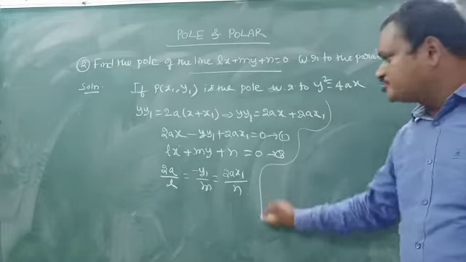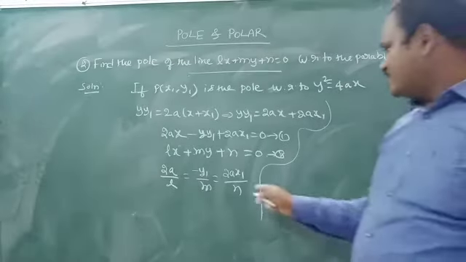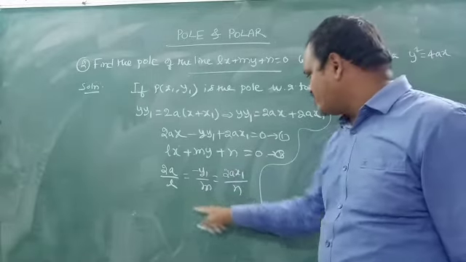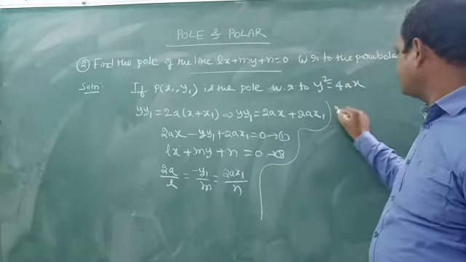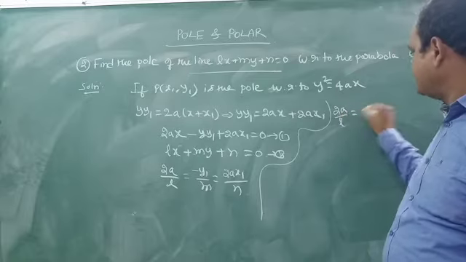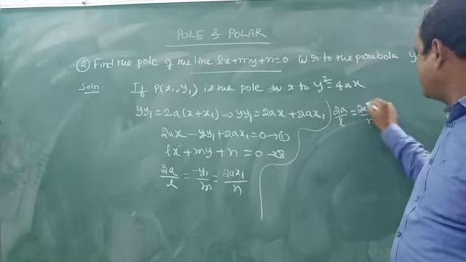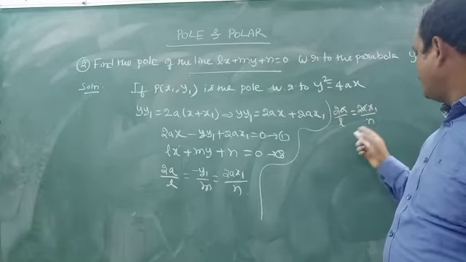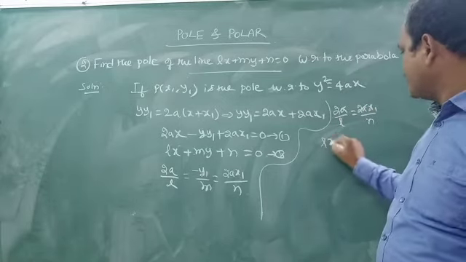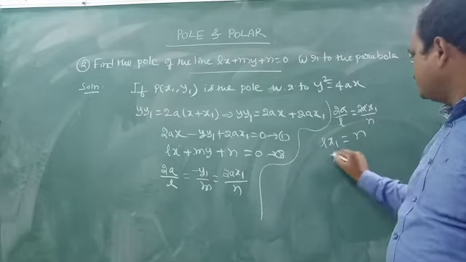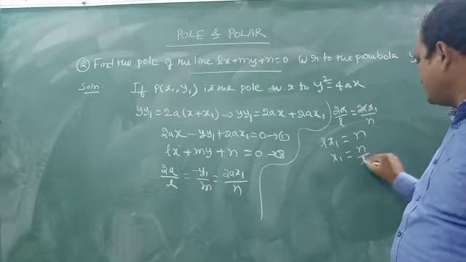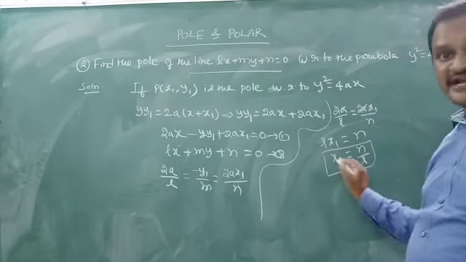Let us take the first and last one. 2a by l is equal to 2a x1 by n. 2a cancels, and we get l into x1 is equal to n, so x1 is equal to n by l. We have got the x coordinate.